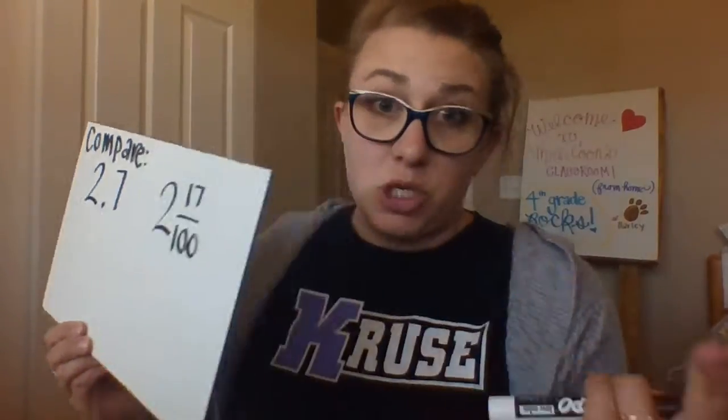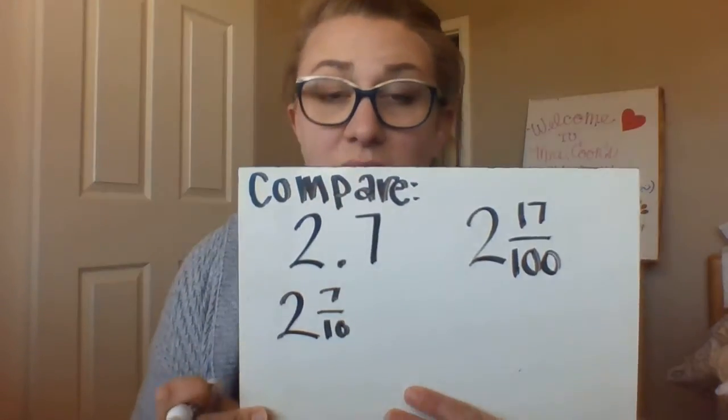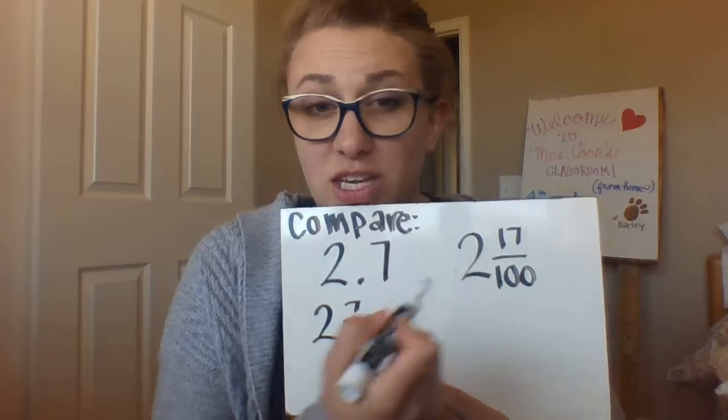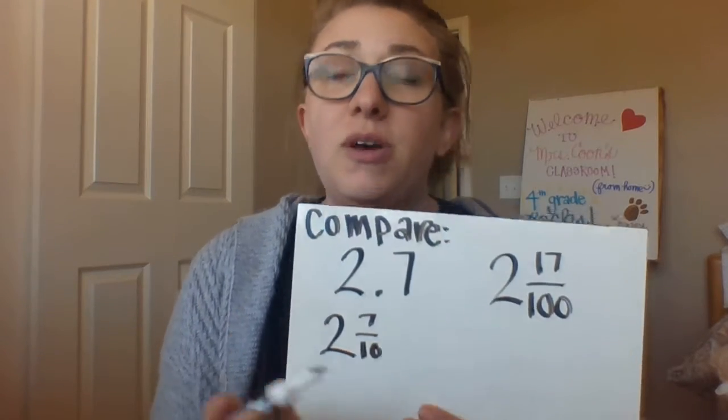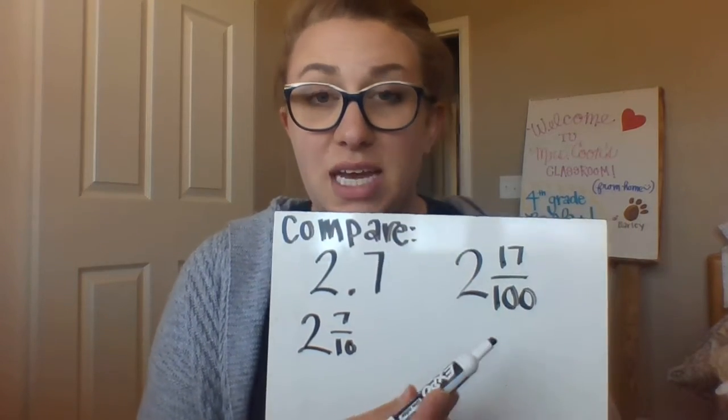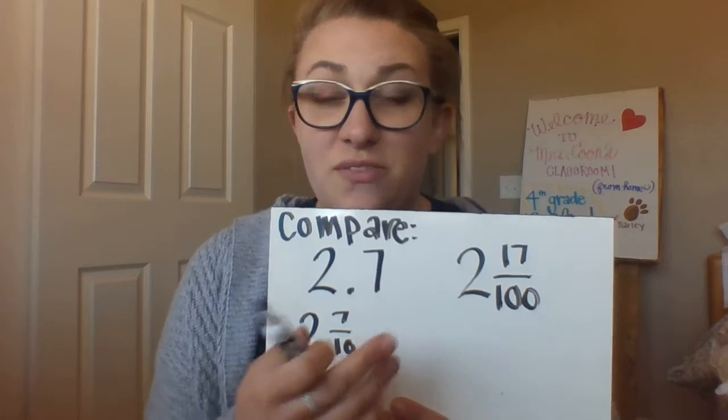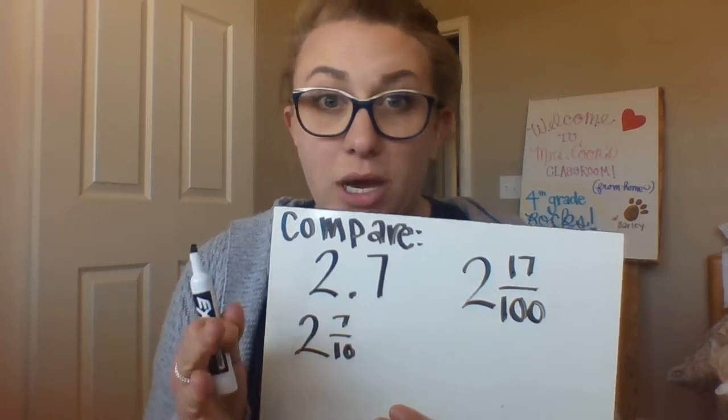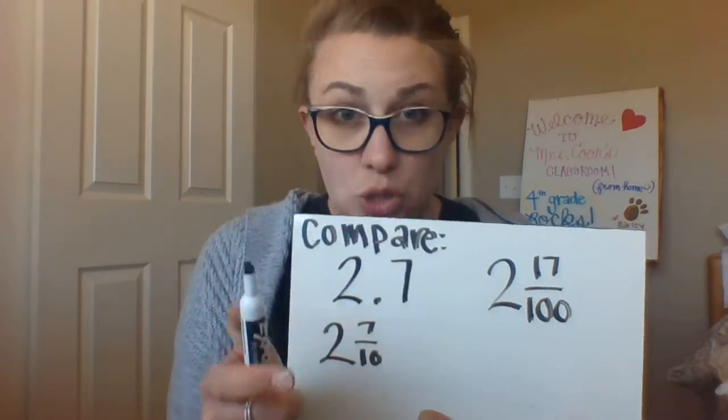The first option we have is to rewrite 2.7, the decimal, as a fraction. We know how to do that. It's going to be a mixed number. So our whole is 2, and then we get 7 tenths. Okay, so I can look at these and compare them and think to myself, reasoning about the size of tenths and hundredths. And if it doesn't totally scream out at you yet, think about it like this too.